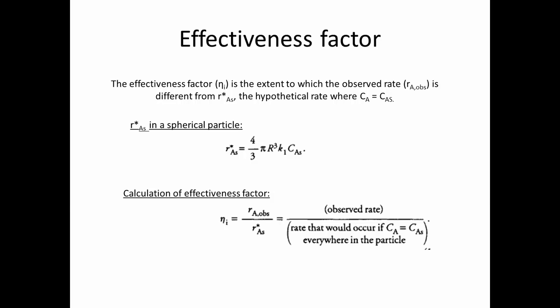Okay, so let us consider something that's known as the effectiveness factor. The effectiveness factor is the extent to which the observed reaction rate, that is the reaction rate that we see in the bulk liquid of the disappearance of substrate, is different from this R star AS, which is the hypothetical rate where our concentration of substrate is equal to the CAS.